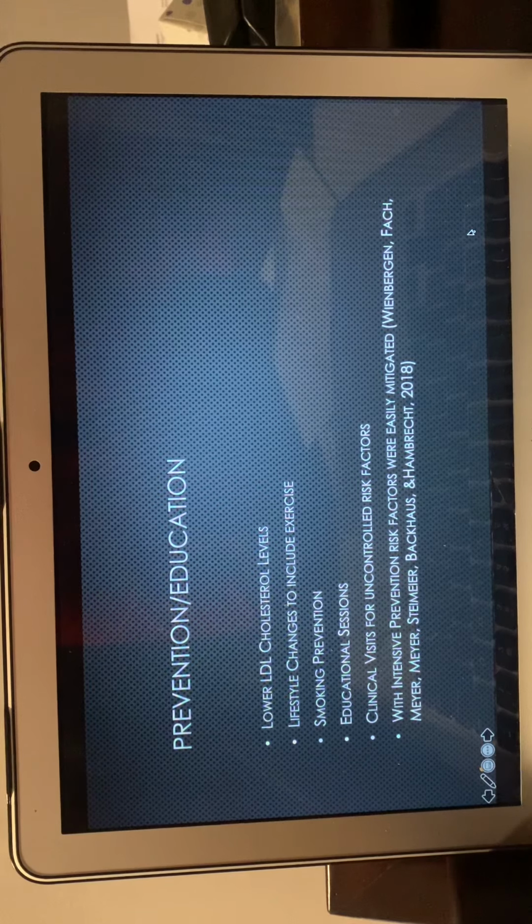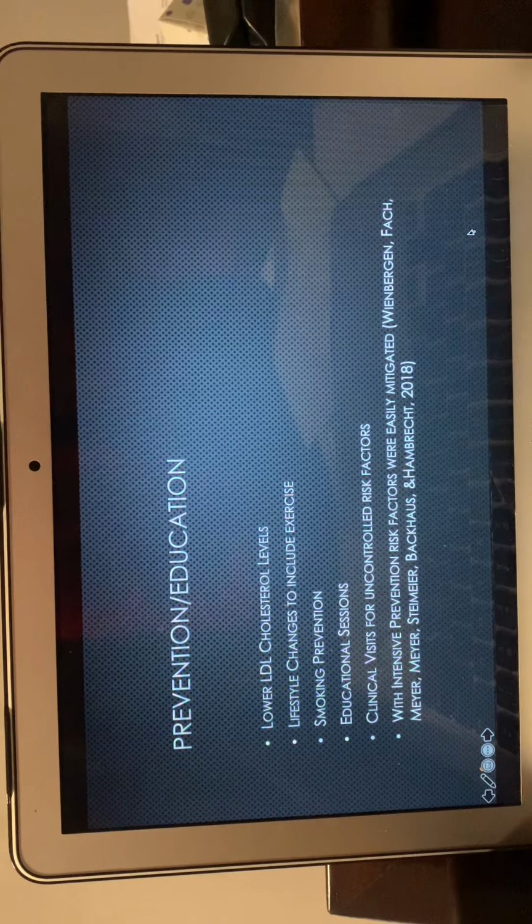So if you see these patients and they can't control their risk factors, they can't get their blood pressure under control, can't get their cholesterol under control, then they'll want to come back in to see a physician and try to get those lab values, abnormalities worked out and get them treated so we control those risk factors and hopefully prevent another myocardial infarction.